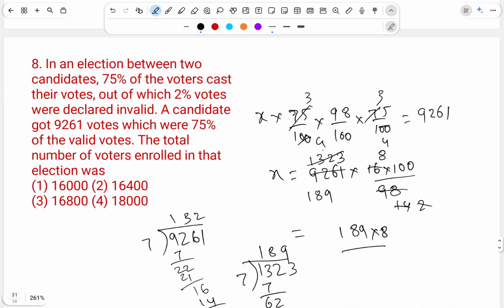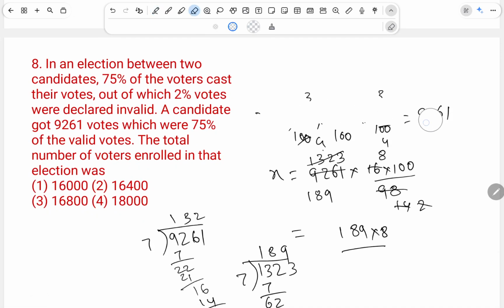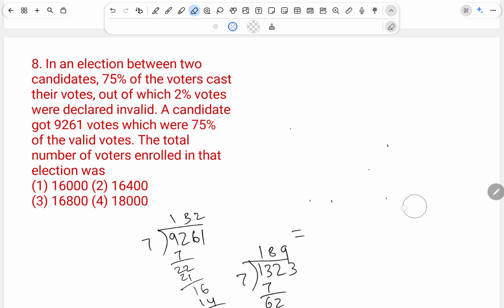Yeah, this one. So what happened, we'll see that. In an election, two candidates, 75% of the voters can vote. What we did should be correct only, but somewhere we have made a mistake. That mistake we need to identify.